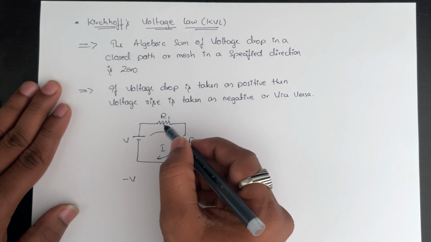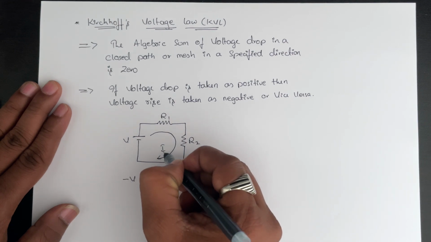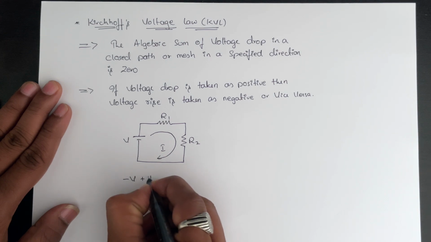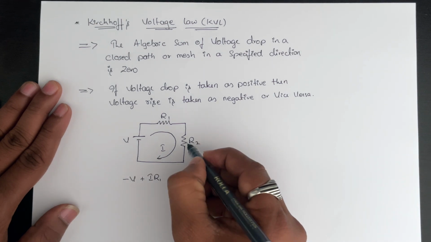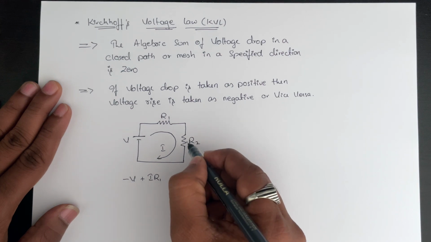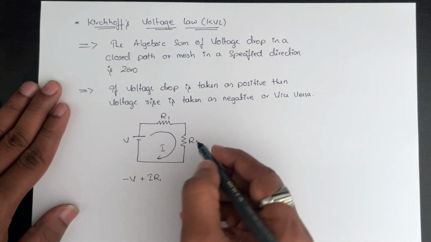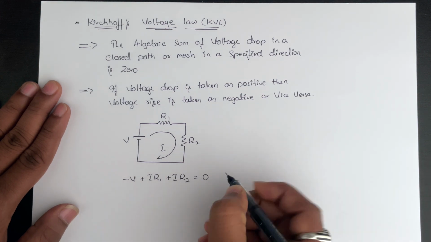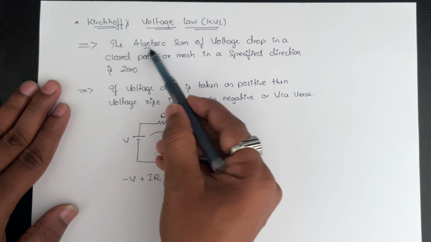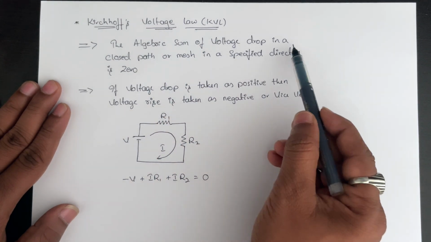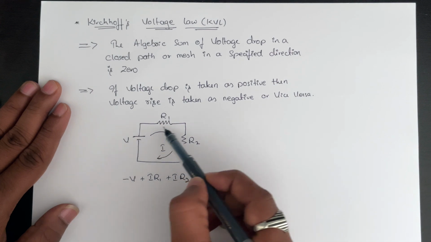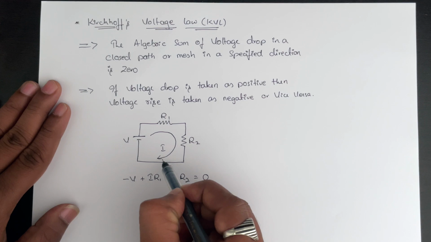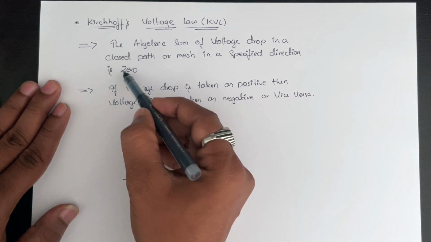V1 will be the current times R. The current flowing in R1 is I, so that is plus I into R1, and the voltage drop at R2 would be V2, with the value I times R2, and the sum will be equal to 0. That means the algebraic sum of the voltage drops in a closed path or a mesh, in a specified direction, with the current flowing in one direction, is 0.